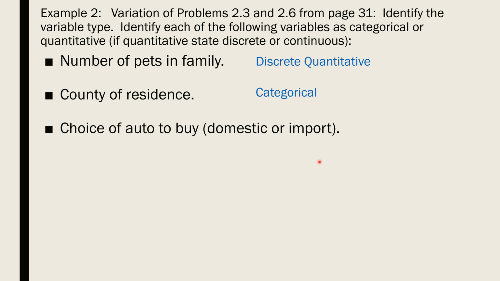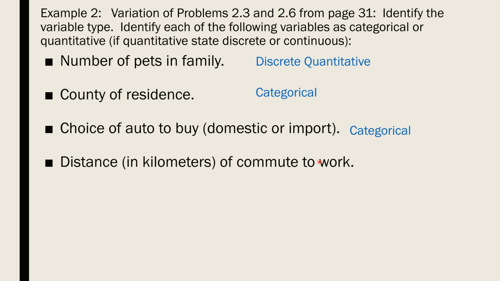Choice of auto to buy, either domestic or import. So it is a categorical variable. Distance in kilometers of a commute walk. It is a measurement, so it should be a continuous quantitative variable.